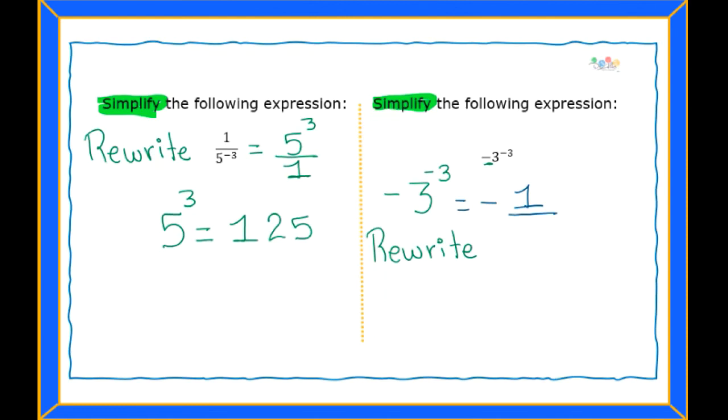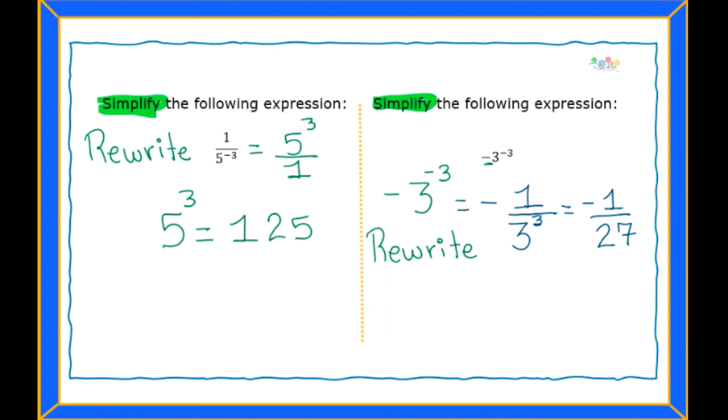My denominator is going to bring my whole expression as 3 to the negative 3rd power, which will change to a positive 3rd power. So that negative stays on the numerator. 3 to the 3rd power is equal to 27.